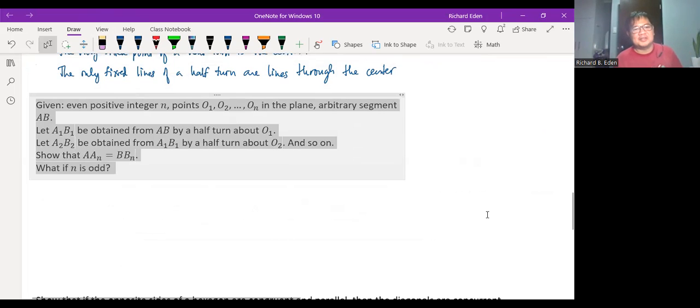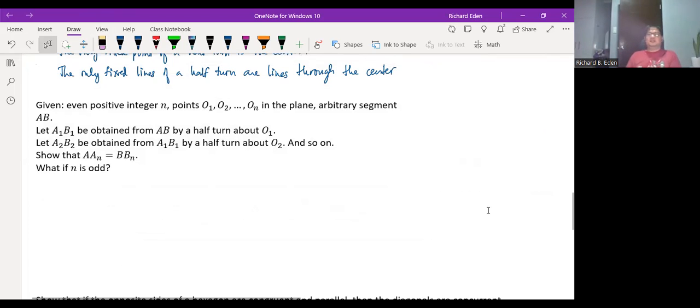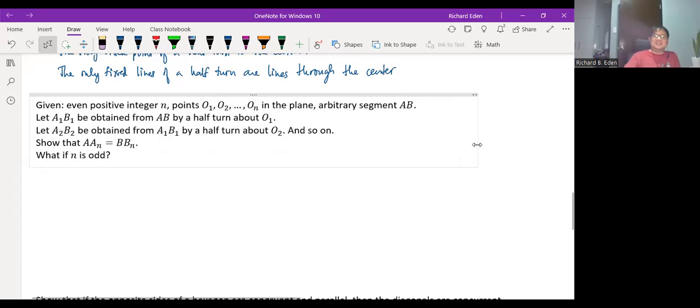So n is a positive integer. Or even integer. Everybody sabihin mo, what if n is -8? Eh di i-aminin na natin positive. Okay, and then hindi rin pwedeng 0. And then we have these points, O1, O2, all the way to O sub n.